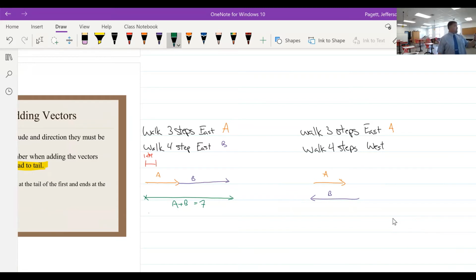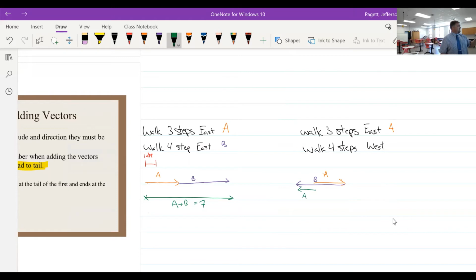I'm going to take B, and I'm going to attach the tail of B to the head of A. And what I'm left with, my resultant, the result of adding A and B, goes from the tail of the first to the head of the last.